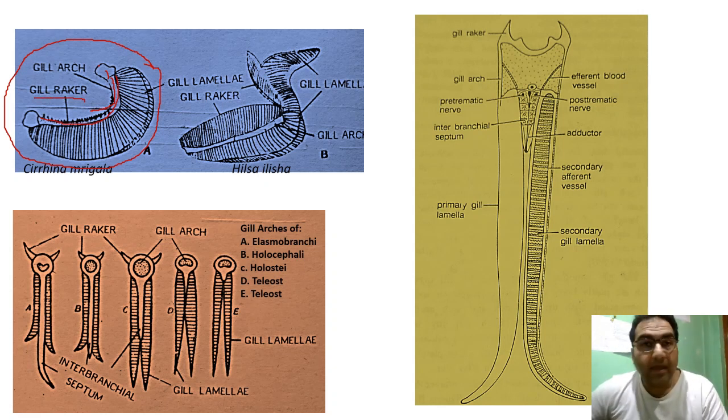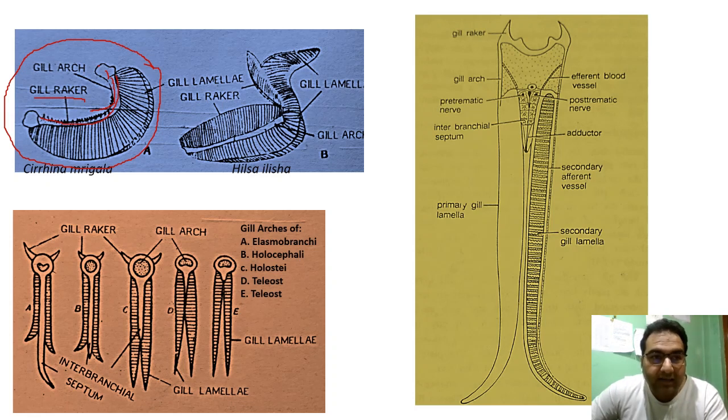But students, keep in mind that these gill rakers differ from species to species. Here, in the case of Cirrhinus mrigala, which is an omnivore fish, we are seeing short and stumpy gill rakers. But in the case of Hilsa ilisha, which is a planktivore, we are seeing filamentous gill rakers.